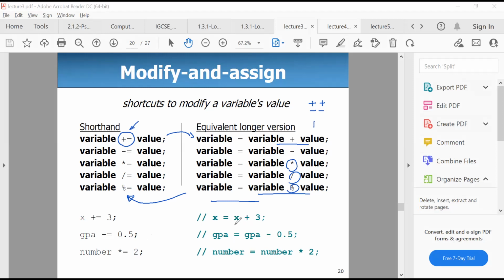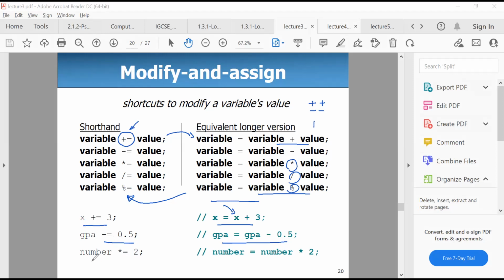So now have a look. This is equivalent to this. Does it work for you? Do you understand? You need to understand it, but of course you will find it complicated. You will find this is more simple, right? Okay, and the same goes here. So if we want to subtract 0.5, we just put it this way, and then it will do the job.